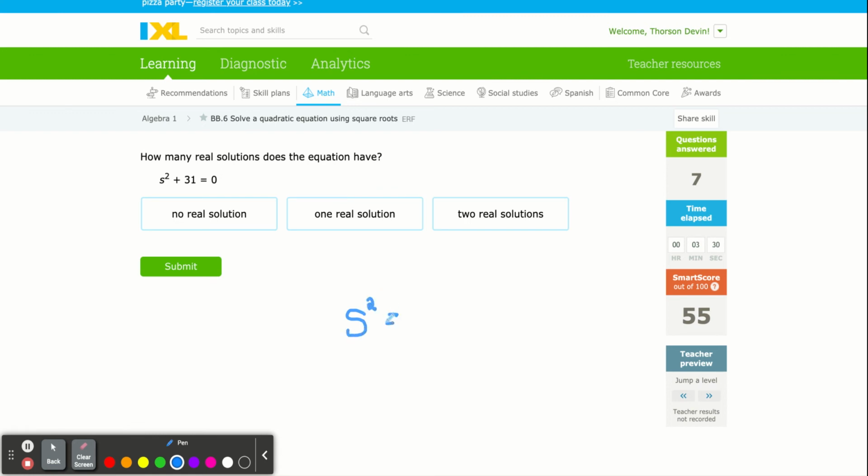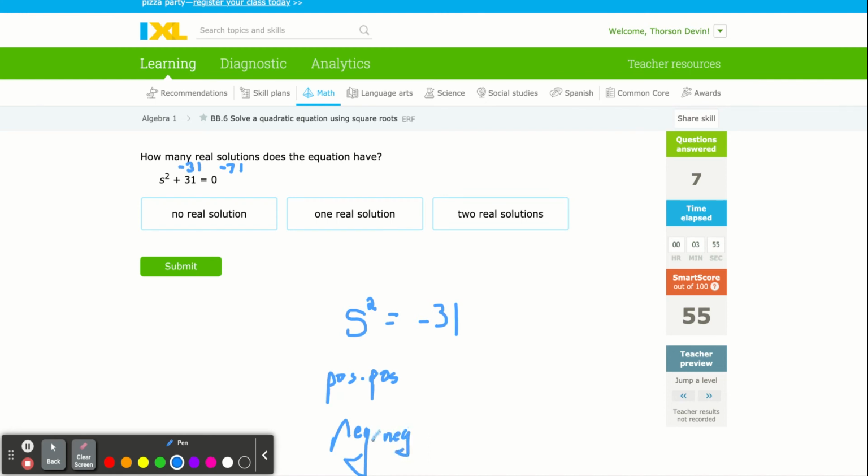Because what would happen if I brought this 31 to the other side? I would minus it over. Minus 31, minus 31. And then I'm trying to find a number that squared gives you a negative outcome. But remember, a positive times a positive is still going to be positive, and a negative times a negative will still be positive.